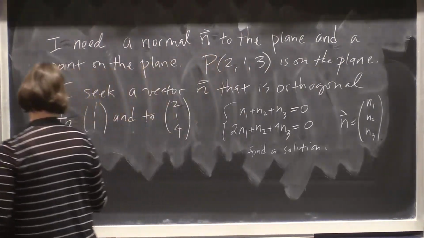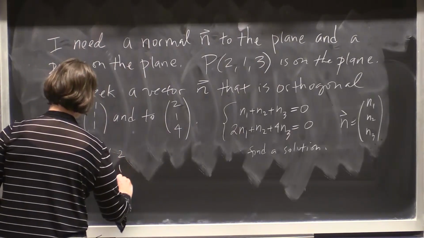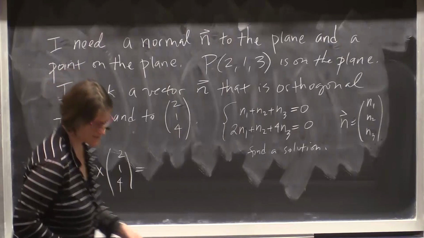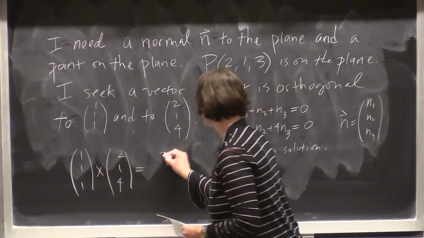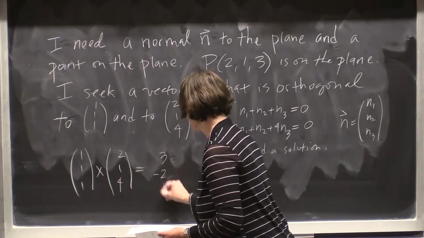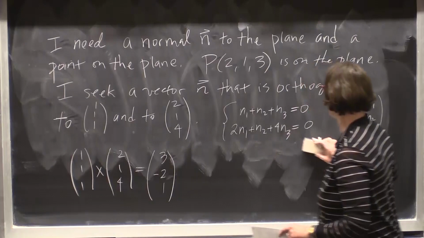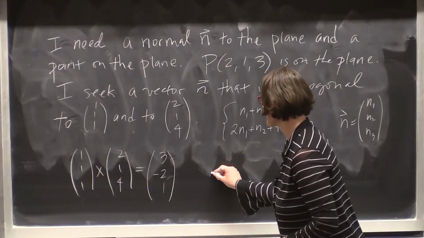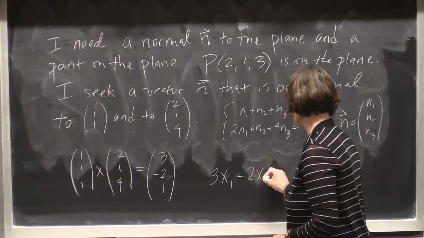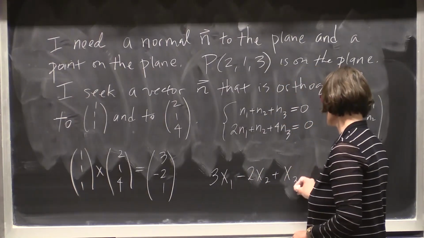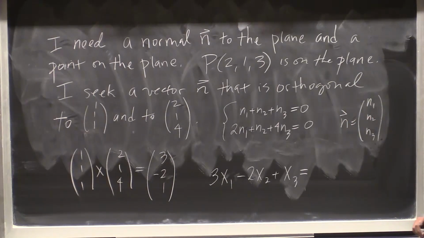But really, I just want to compute the cross product of (1, 1, 1) and (2, 1, 4). And that cross product is (3, -2, 1). And now that I have that, I can write down my equation, 3x1 minus 2x2 plus x3 equals... yes?